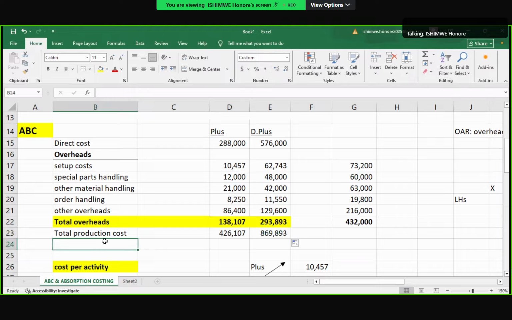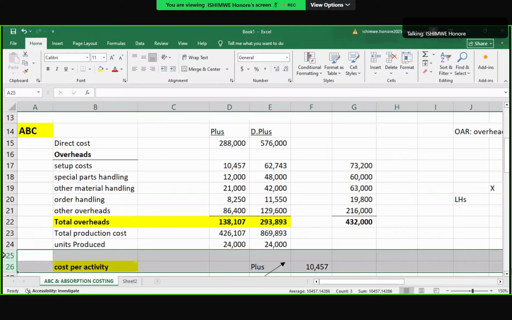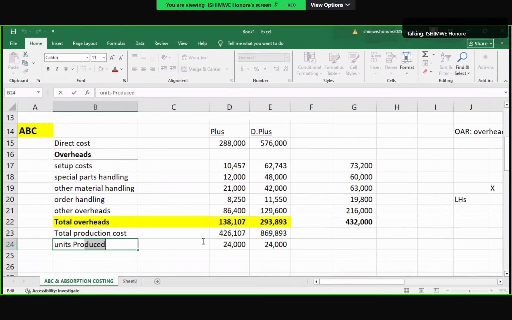So I can determine the units produced, because we need the cost per 1 unit, so we need units produced or annual production. Okay, wait, let me finish, then you ask me. We have the direct labor, we have it. So this is units produced.